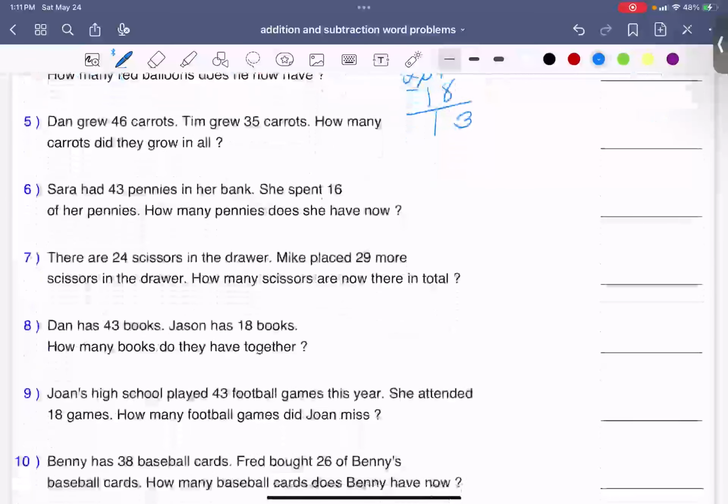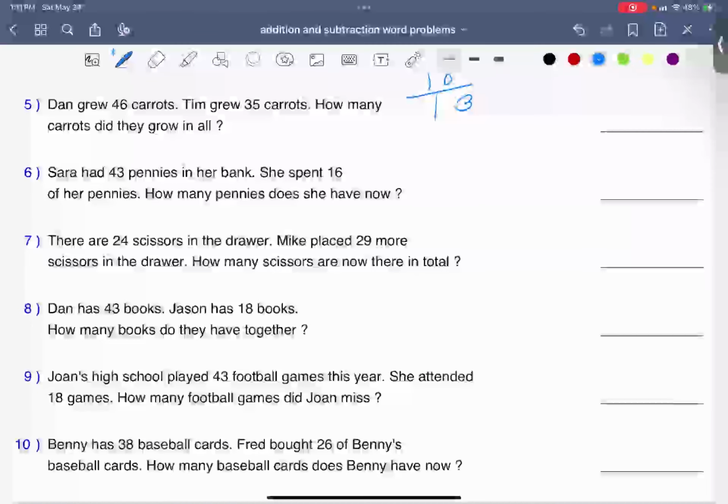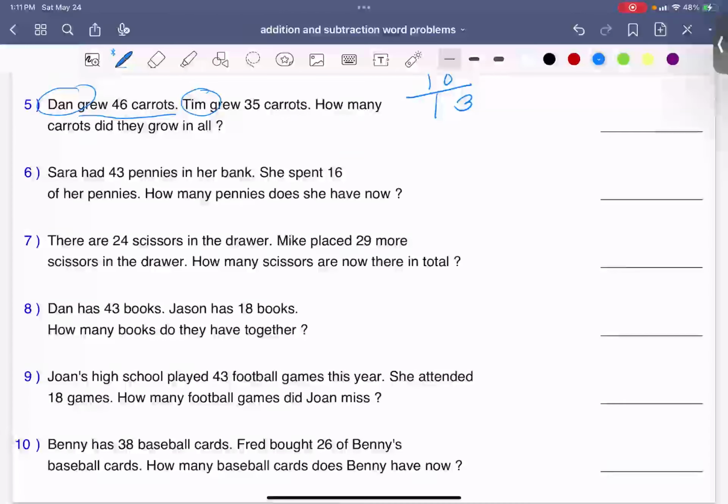Let's look at number five. Dan grew 46 carrots. Tim grew 35 carrots. How many carrots did they grow in all? So we have Dan, we have Tim. Dan grew 46 carrots. So he grew them, he has them. He didn't do anything with the 46 carrots.